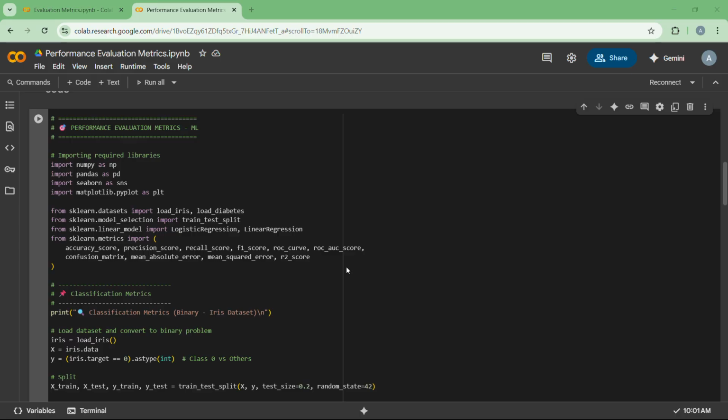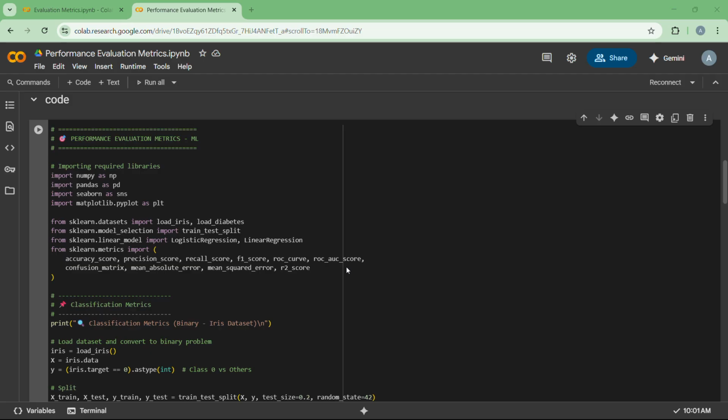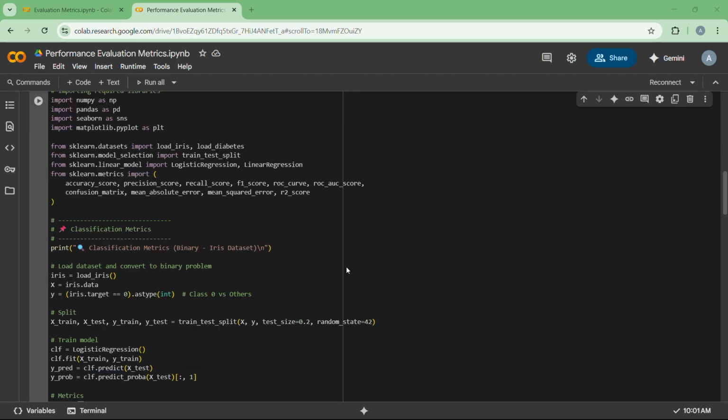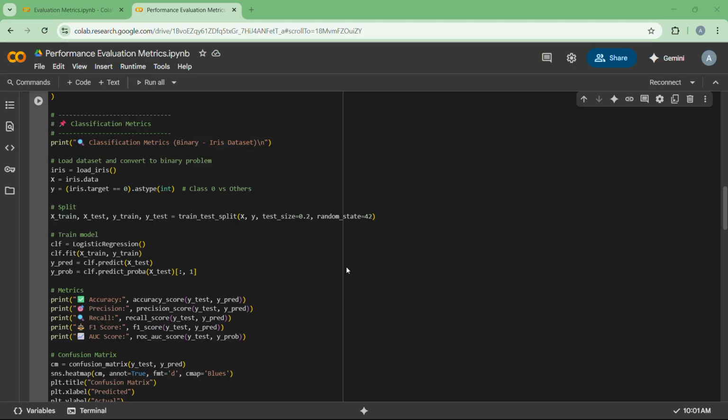So here is the code for both regression metrics and classification metrics. First, we import the Python libraries. First we see the classification metrics. We load the dataset and split it into X train, X test, y train and y test.